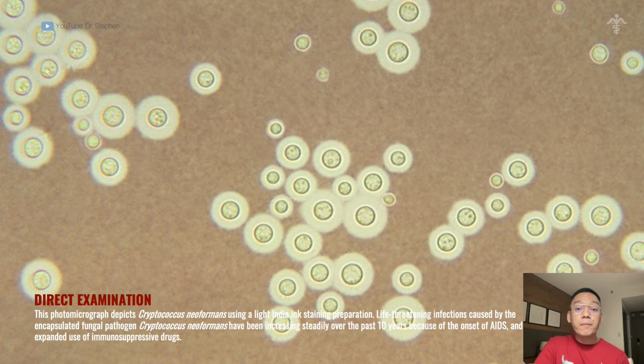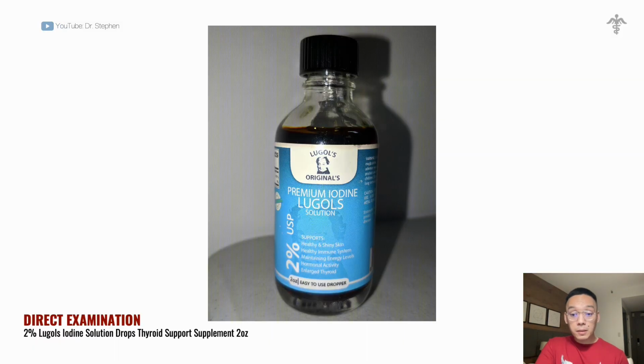These are life-threatening infections caused by your encapsulated fungal pathogen, Cryptococcus neoformans, which has been increasing steadily over the past 10 years because of the onset of acquired immunodeficiency syndrome and expanded use of immunosuppressive drugs.